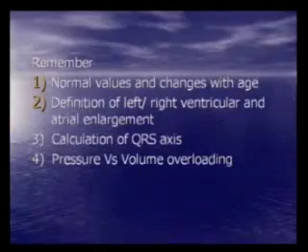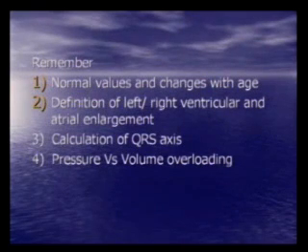So one has to remember this. You should also remember the definition of right ventricular, left ventricular and atrial enlargement, because if you don't know, you cannot diagnose. You should know how to calculate QRS axis. There are no shortcuts to this, and this is something which comes only out of practice.